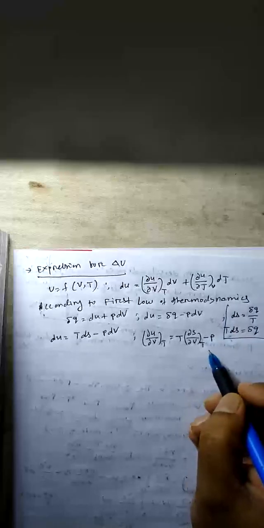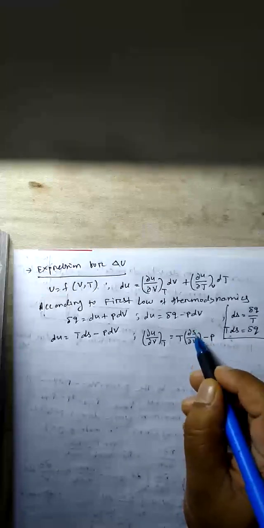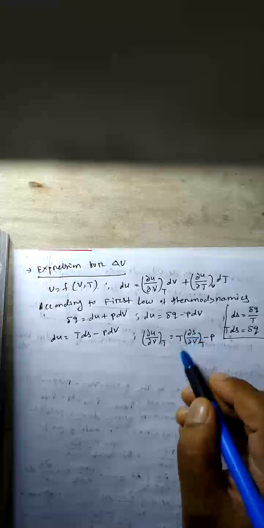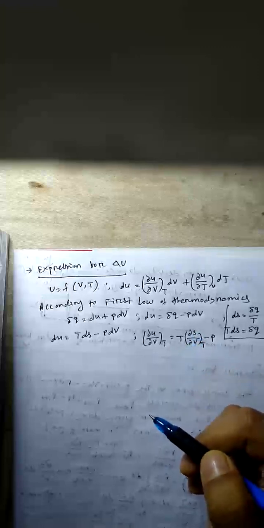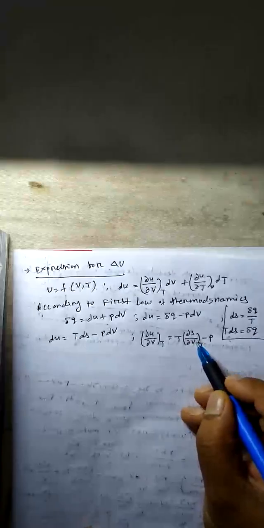Now this equation, we do not want entropy, because entropy is related with the second law of thermodynamics, but we do not yet know what the second law of thermodynamics is. So we have to replace this entropy.